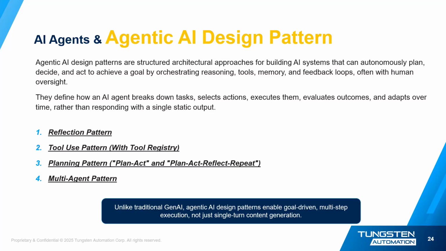And this is quite different to traditional automations, because the agentic design patterns allow the automation itself to be goal driven and to manage multi-step execution, not just single turn content generation. So this is using generative AI as part of a wider infrastructure rather than just using it as a standalone model, or as I say, like a traditional automation that just does one thing repeatedly exactly the same way.